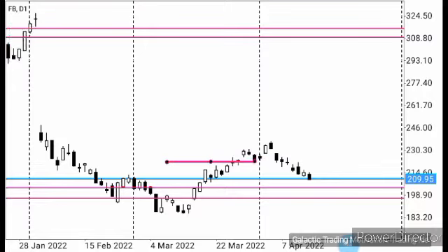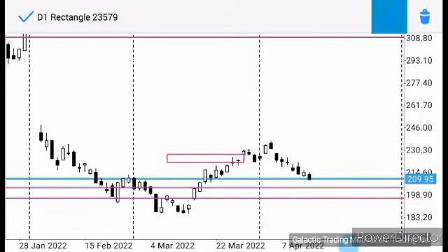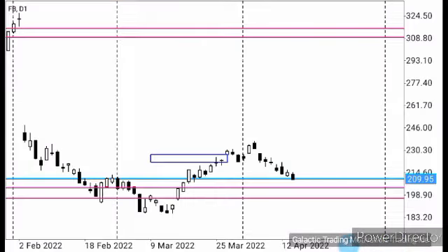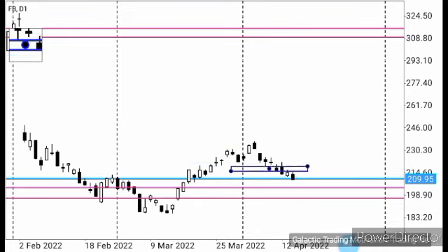Let's see, I'm just going to make this a different color. Let me try something a little bit darker, such as a blue. There we go. Put it over here so we don't forget about the small structure. All right.